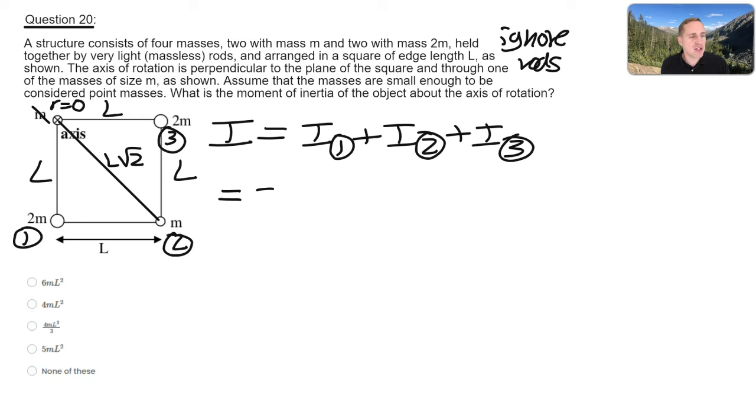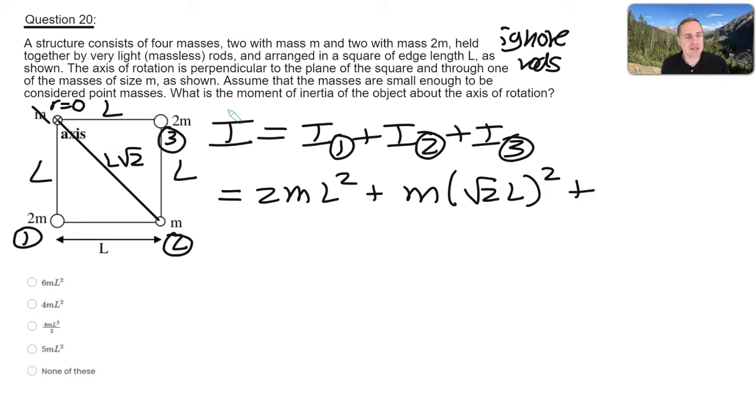But that's like 2m, because it's the mass here, and the radius is going to be L squared. Plus, now be careful, for the second one, it's mass m, but the distance is square root of 2 times L squared. And then let's go plus, for this last one, again, it's 2m, and then the distance is L squared.